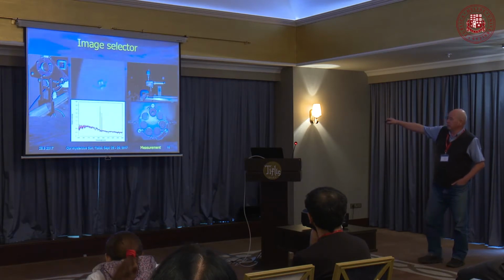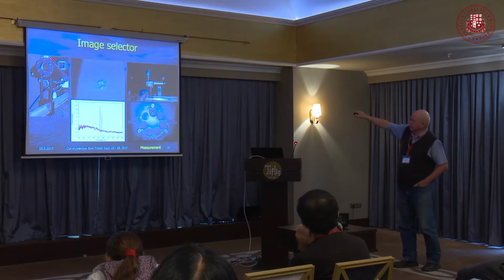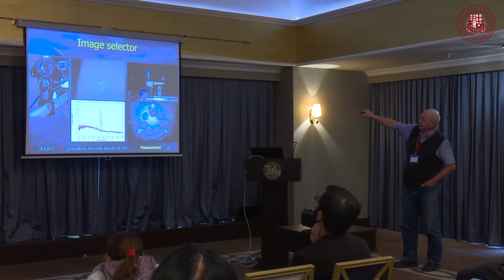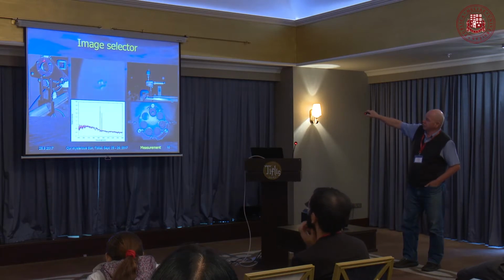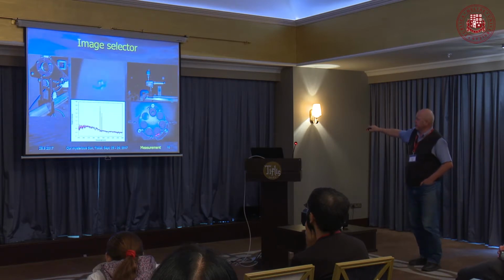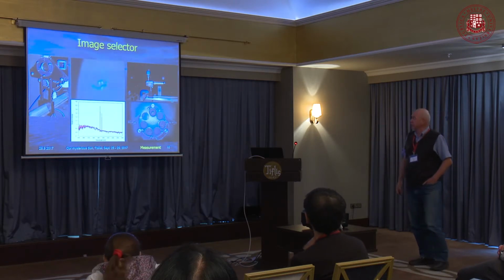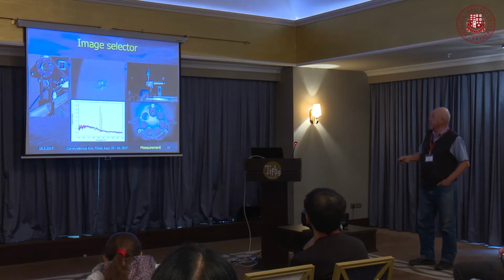So here is how the system looks. Here is the focal plane of the telescope, and we put there a system which consists of the optical wedge, which is here in front, and also a wheel with diaphragms, and there are 7 of them, with several sizes. So you can select the one which best fits the size of the active region.